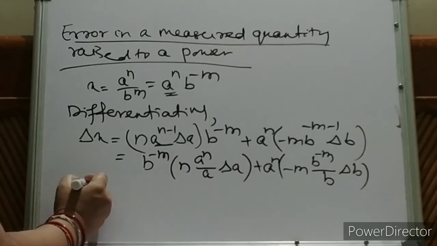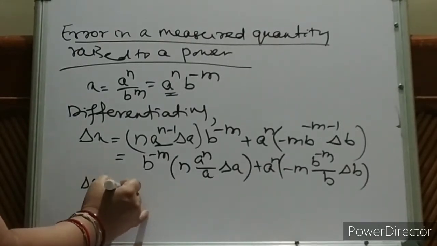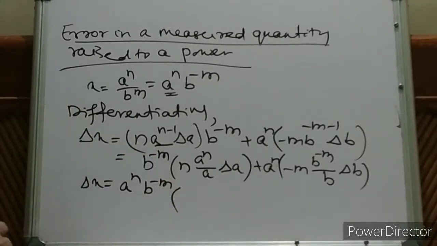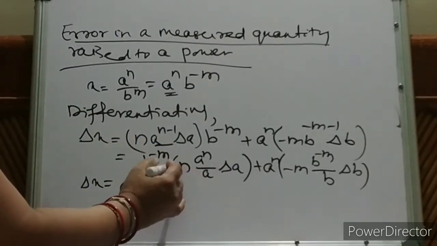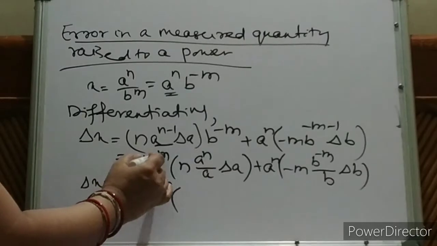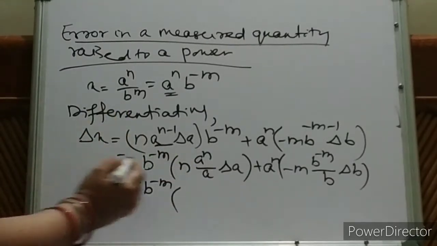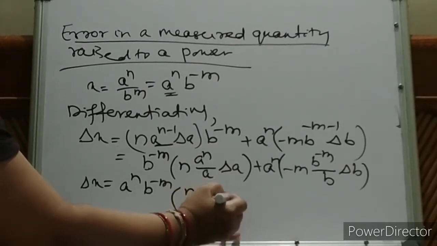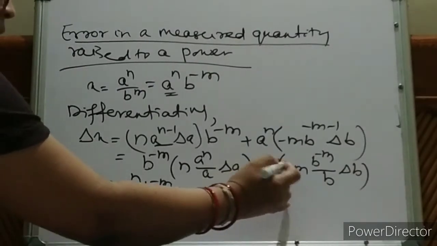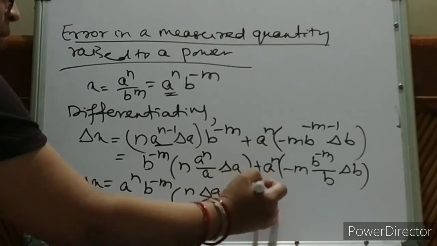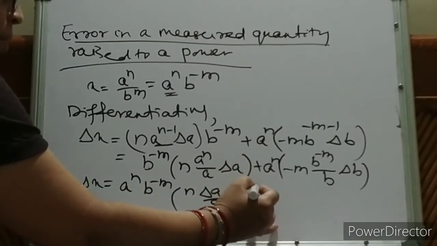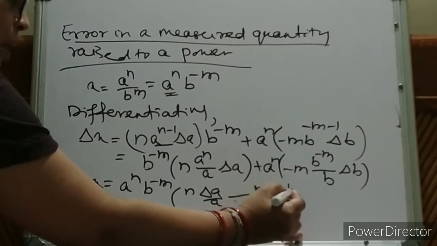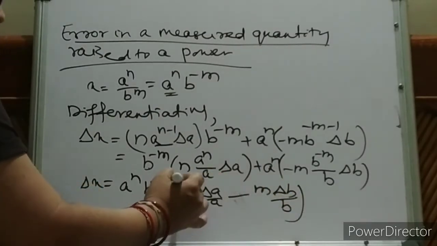Okay. Now delta x is equal to a to the power n b to the power minus m. Now here you have taken common this b to the power minus m, a to the power n. So here remaining terms are n delta a by a. Okay. This will be minus. So minus m then delta b by b.